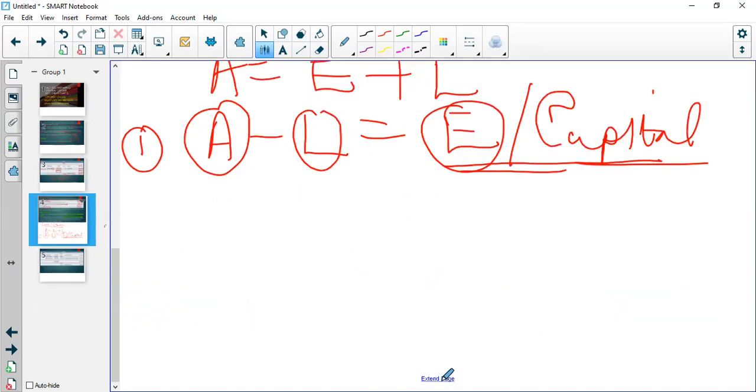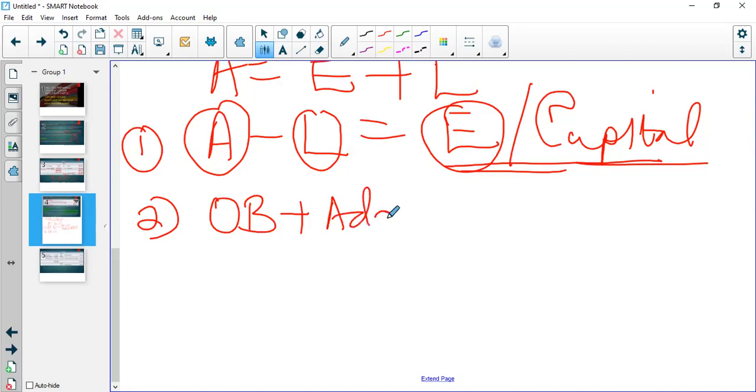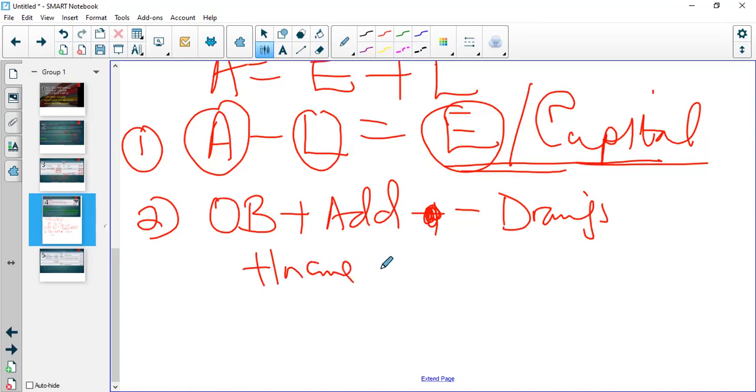The second way of determining equity is to say opening balance of equity plus additions, minus drawings, plus income, minus expenses.